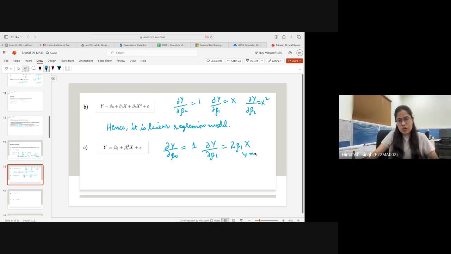This is dependent on beta 1. Hence, it is not a linear regression model.